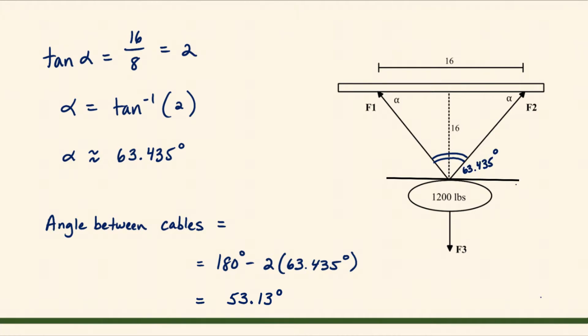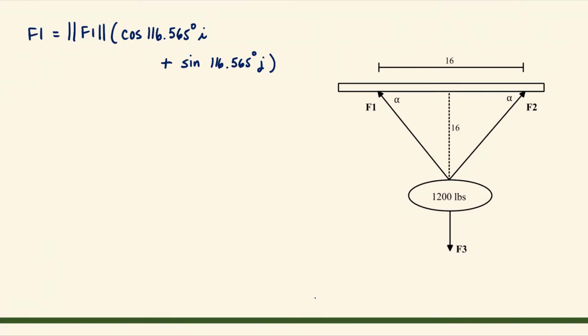To find the angle from the horizontal to vector F1, we need to add 63.435 degrees plus the angle between the two vectors, which we found to be 53.13 degrees. That sum is 116.565 degrees.